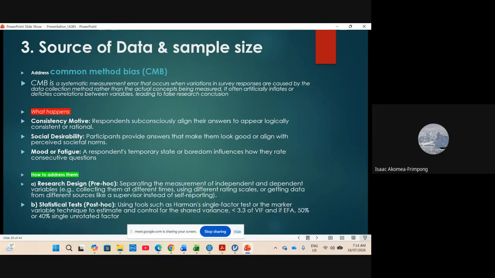If maybe you give the data to a certain group of students where everybody takes yes, yes, yes, yes, or strongly agree, strongly agree, strongly agree, then remember, you are going to have issues.